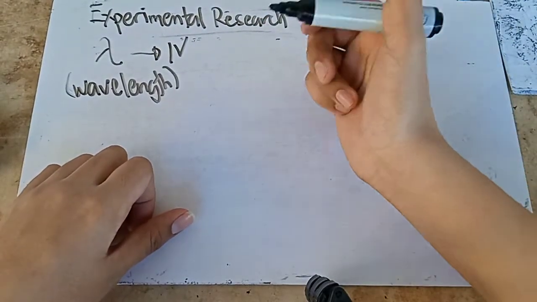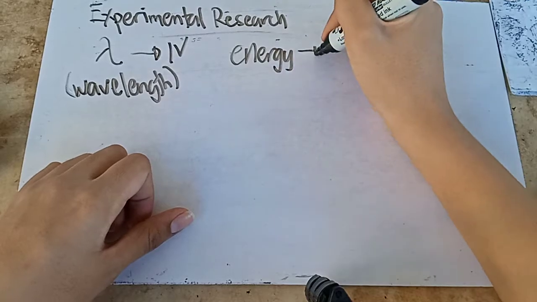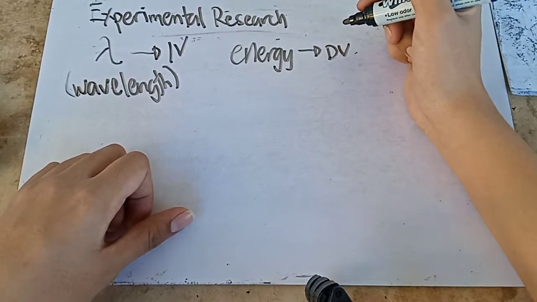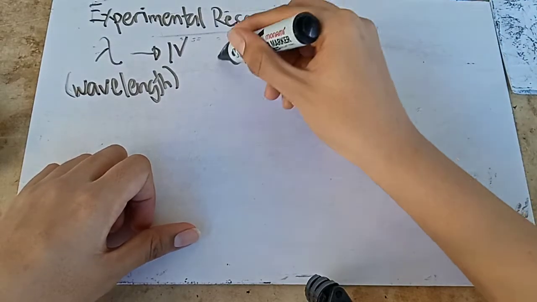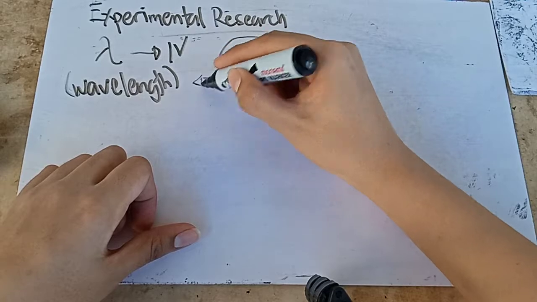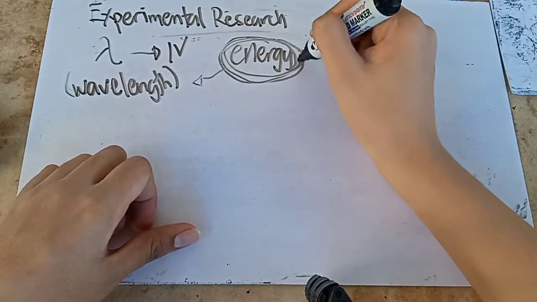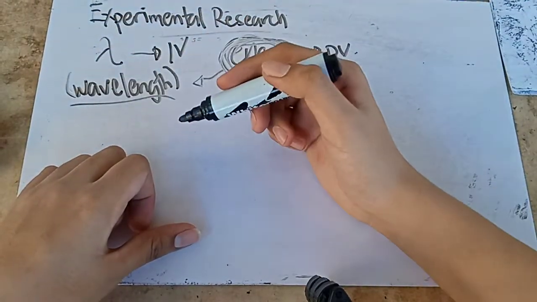And then we will have the energy produced as our dependent variable. Okay? So let's say the energy produced greatly depends on the length or the amount of wavelength.